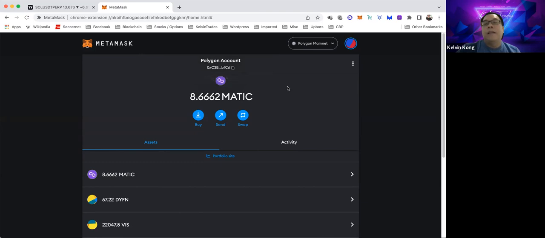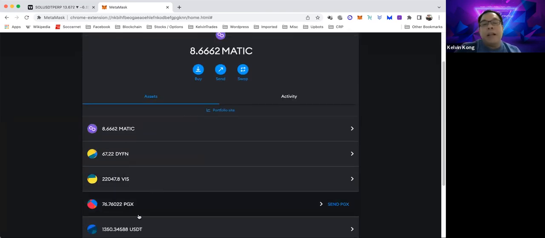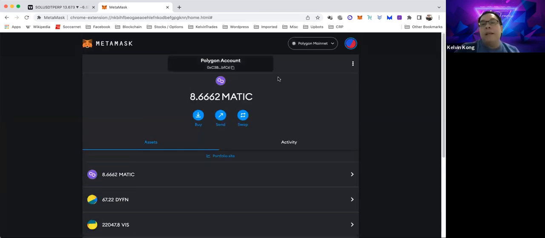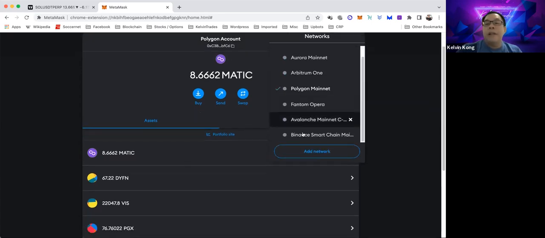Or if I have any coins that are built under the Polygon ecosystem, I will send them all to this address. Then for Binance, I would create another one.